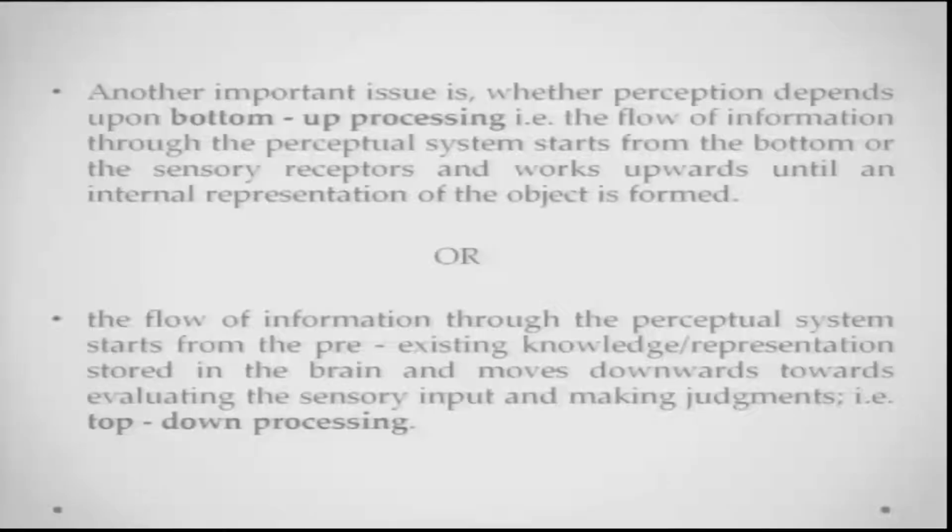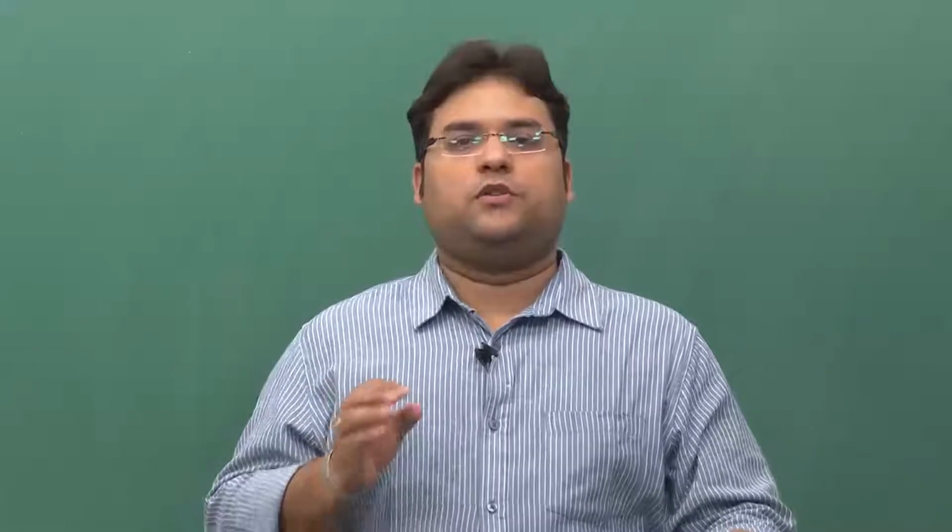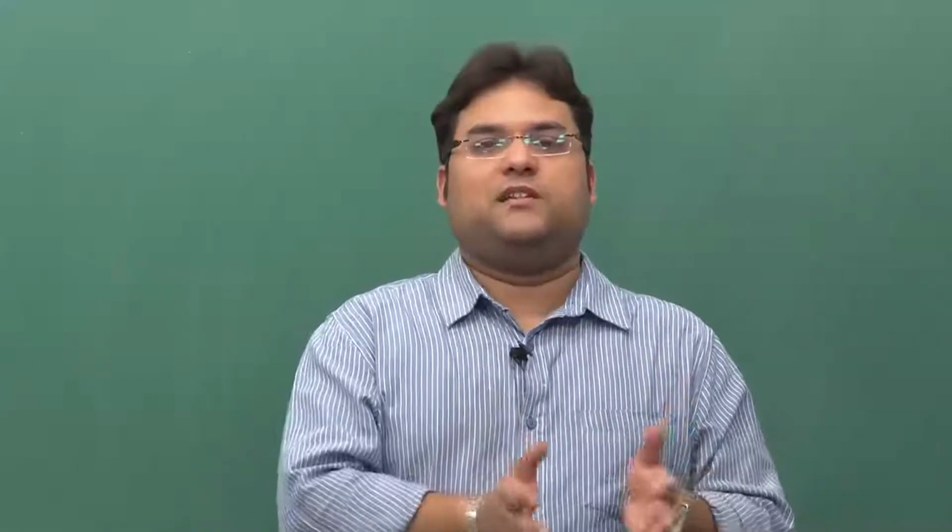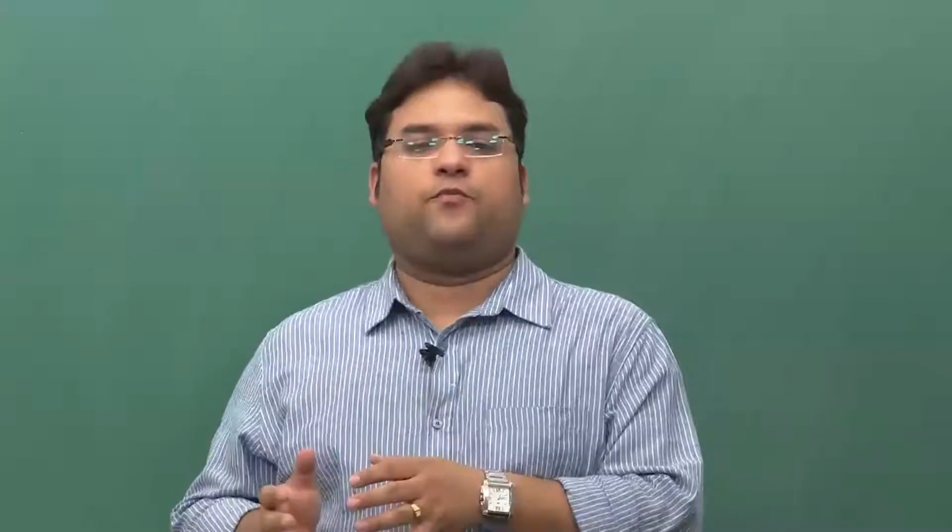If you have this in the background, and look at the last lecture in this series, we were talking about representation, what a representation is meant for, and how we construct representations. Then you come to a difference in the way perception can be constructed. Say, whether perception depends on bottom-up processing, that is, the flow of information through the perceptual system starts from the sensory receptors and works upwards until an internal representation of the object is formed.